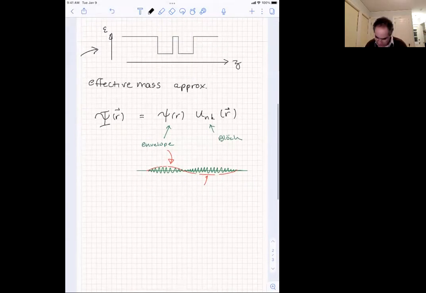And it can be shown, that's the professor's cop-out there, it can be shown, but I'm not going to bother doing it, that the envelope equation solves a type of Schrodinger's equation, which looks like this.